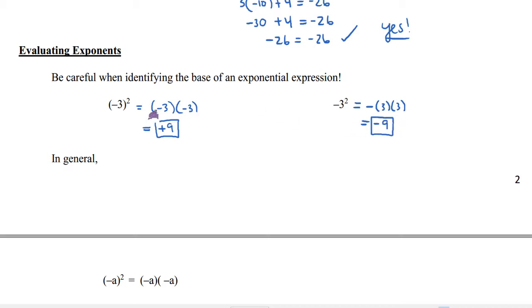Okay, that's another thing. If you're ever using a calculator and you want to plug these things in, you have to be very careful of how you're actually doing that. Okay, and this is one situation where that can happen, and you can end up with the wrong sign.